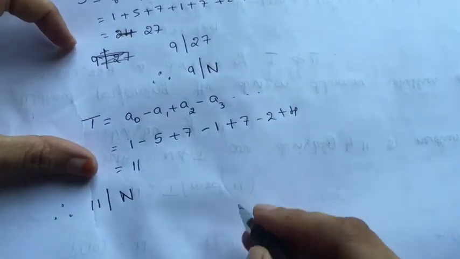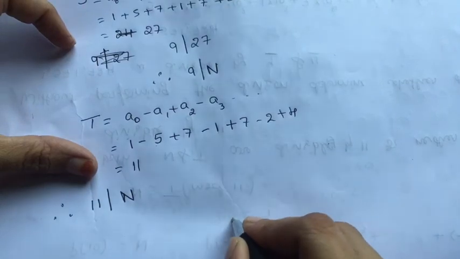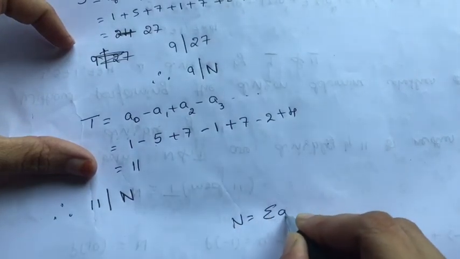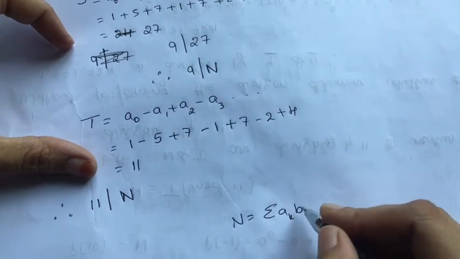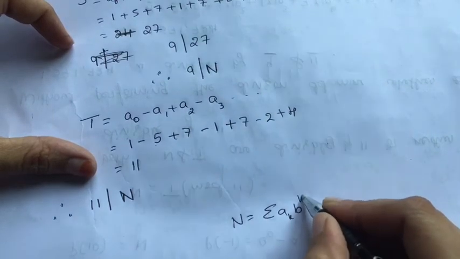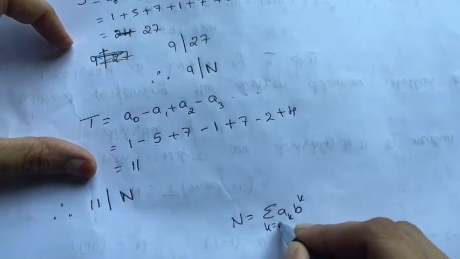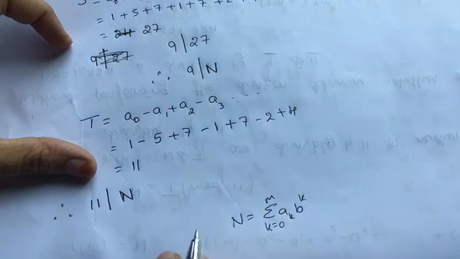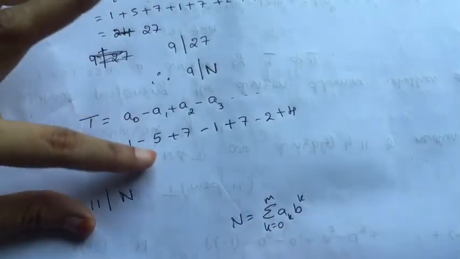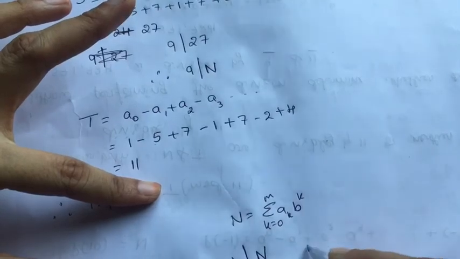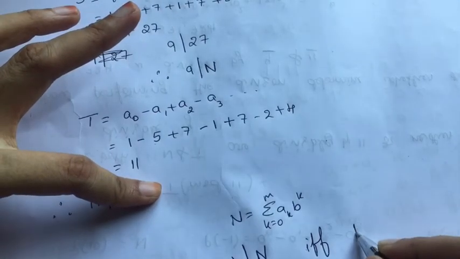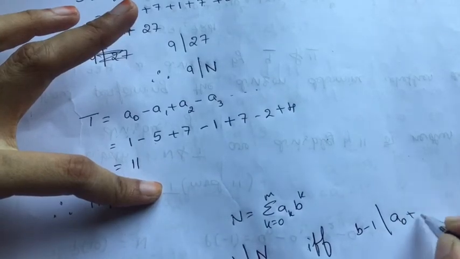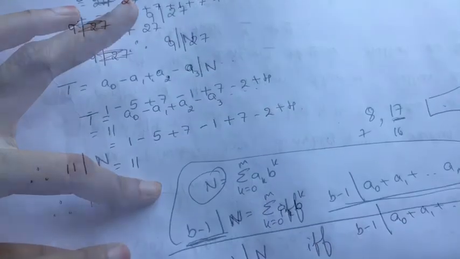Next, suppose n has this representation, you are writing n as a polynomial function in b, and then we say b minus 1 divides n if and only if b minus 1 divides a0 plus a1 up to am.